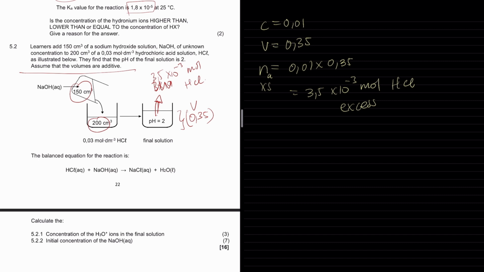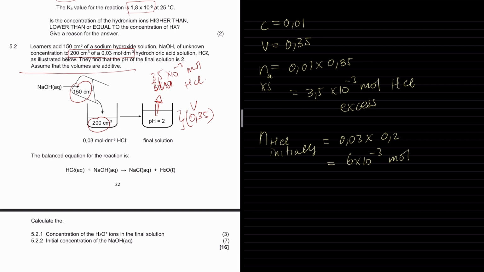Now I can work out the total amount of HCl that I had at the start. The number of moles of HCl initially is equal to the concentration, which is 0.03, times the volume, which is 0.2. And that is equal to 6 times 10 to the minus 3.